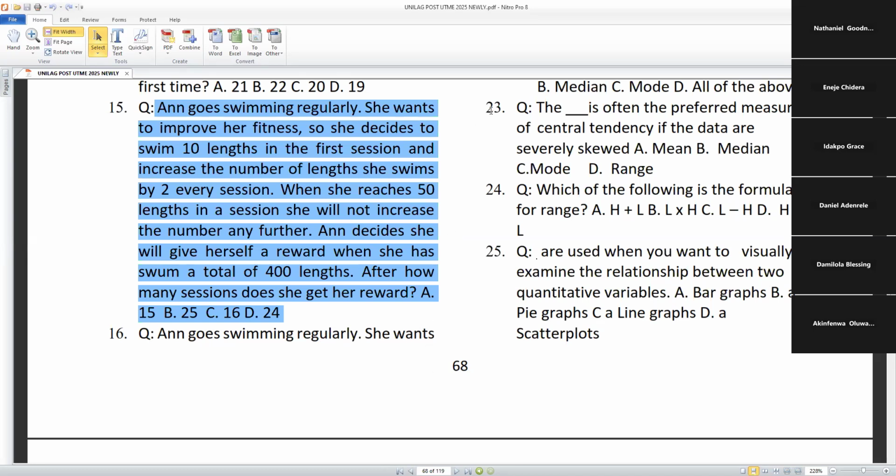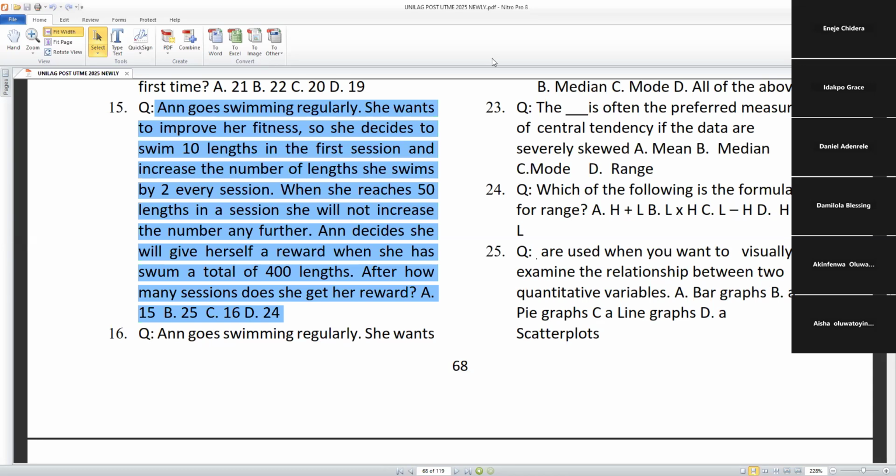A total of 400 lengths says that what? She has the sum of every session, which is the sum of an AP, S of n. Class, do you understand? Yes, sir. I believe I've explained what the sum of an AP is.